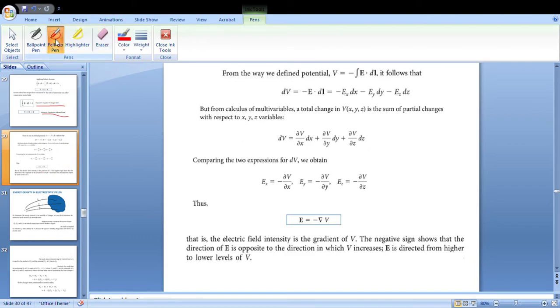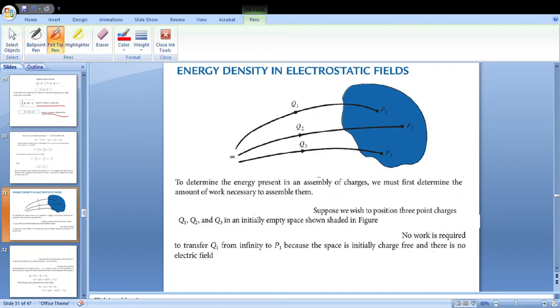Now coming to the next topic, that is energy density in electrostatics. Energy density in electrostatic fields. Now if you see here in the syllabus, in module 2 we have potential, potential difference, potential gradient.